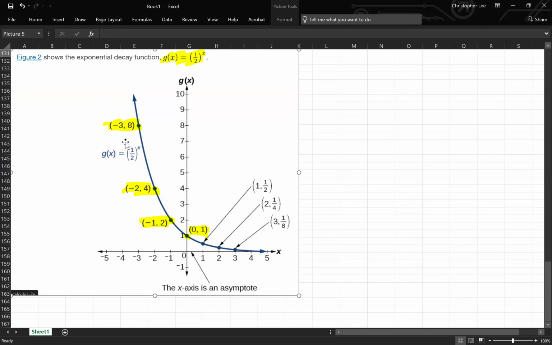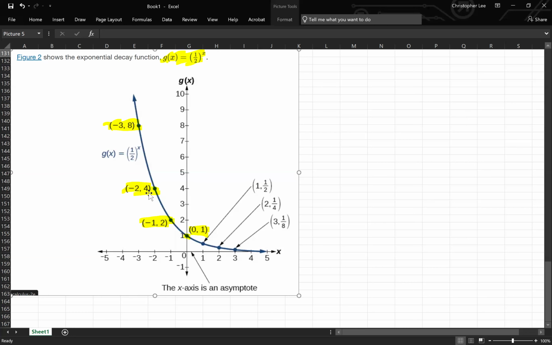When you're graphing this, I really need to see the y-intercept as (0, 1). If you can, give me some more points on the graph as well, like (-1, 2), that's reasonable, and (-2, 4), reasonable. (-3, 8), I'll accept the argument that that's pushing it.